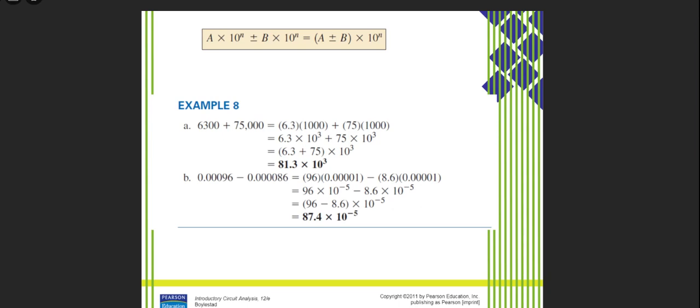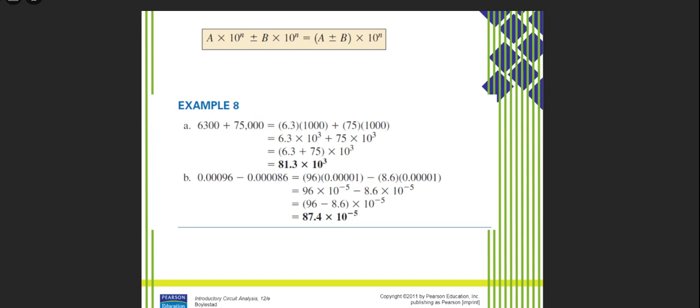We don't say it's 63 multiplied by 100. We say it in a way that you have just one exact number. So this one becomes 6.3 multiplied by 1000. 75,000 we can say is 7.5 multiplied by 10,000, but here we just consider it as 75 multiplied by 1,000.